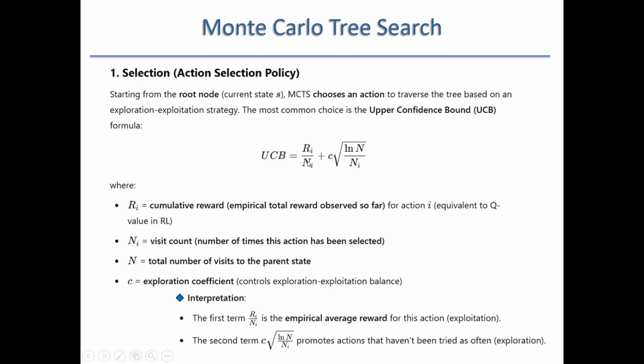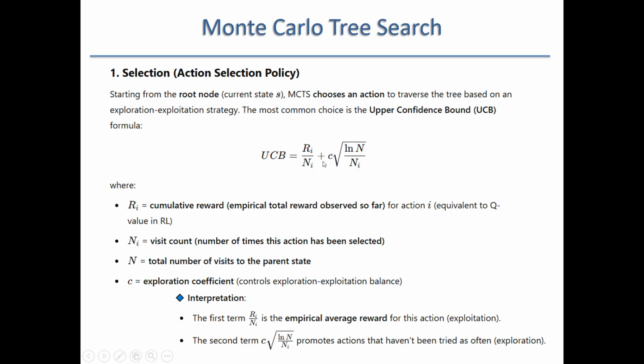We have a number of variables here. One is the cumulative reward, how much reward we have observed so far for action I. This is a kind of equivalent to the Q value. Then we have N_I, how many times we have visited this action, and N, how many visits we have done to the parent state.